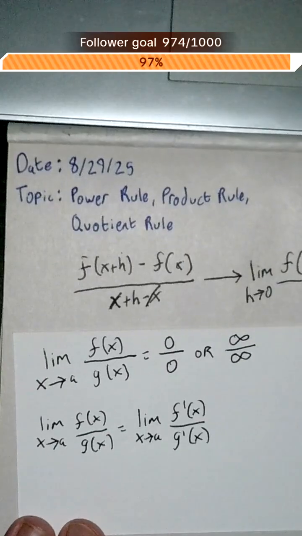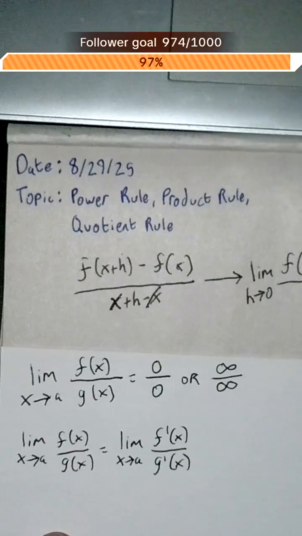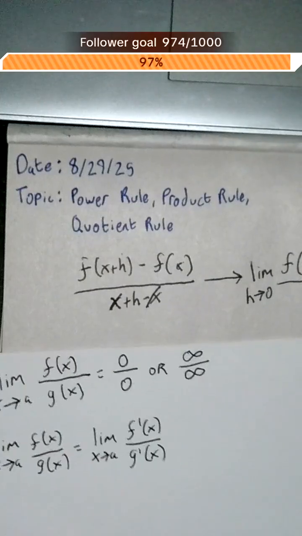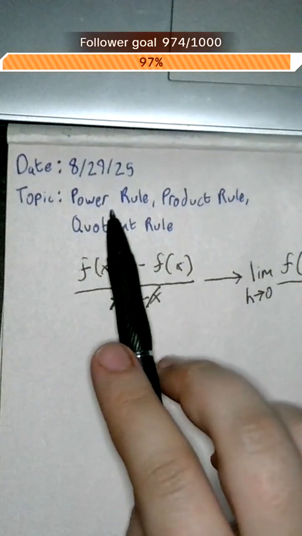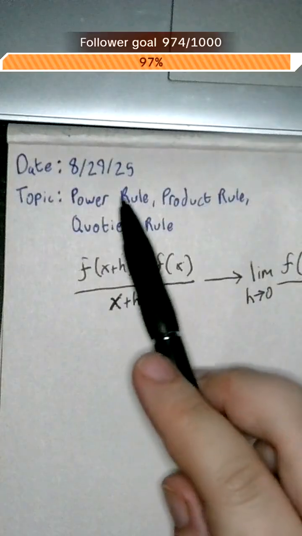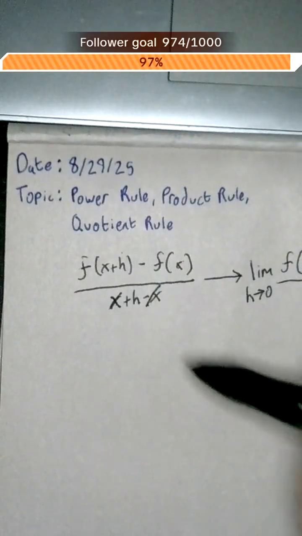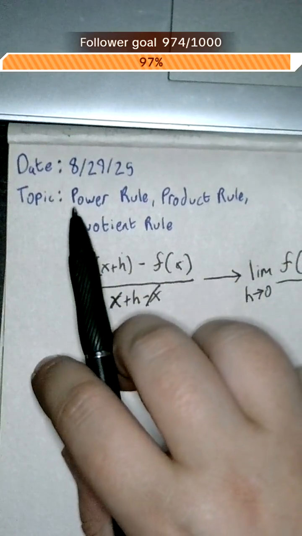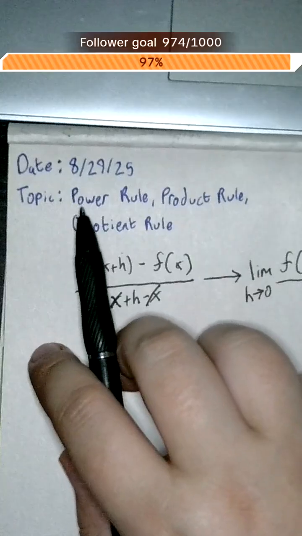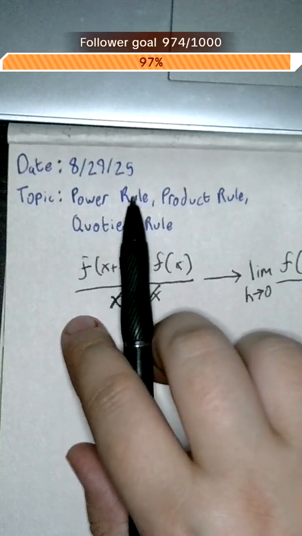But yeah, with that, let's go ahead and start by first proving the power rule. What I'm going to do is divide this live into three parts. The first part, which I think will be one of the longer parts, is going to be on the power rule only.